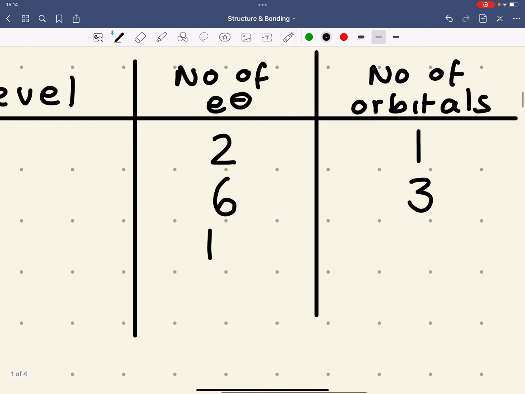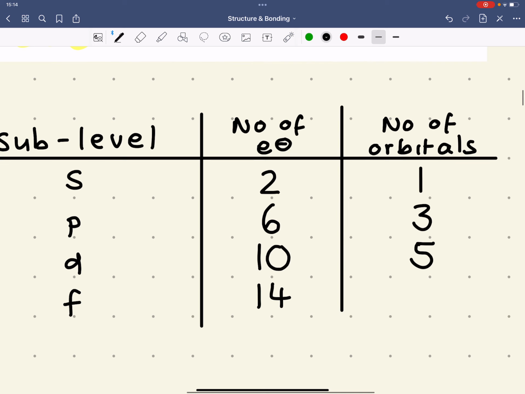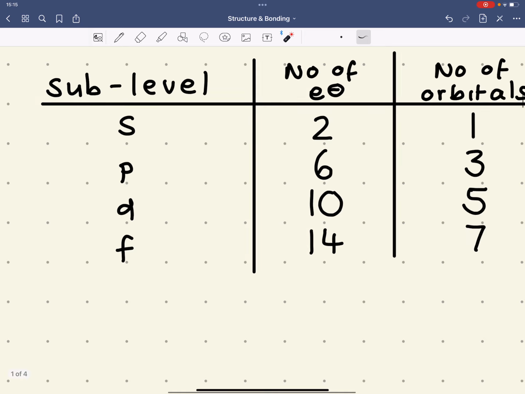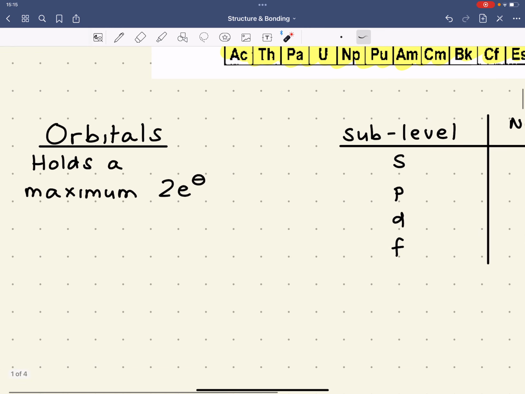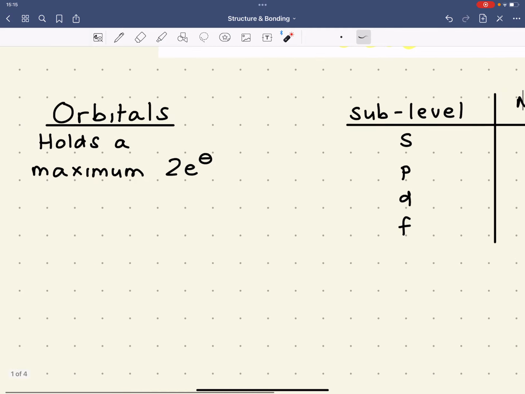Hopefully you can see how many orbitals a D sublevel would have. It would have 5, and an F sublevel would have 7. So it's 1 times 2 is 2, 3 times 2 is 6, 5 times 2 is 10, 7 times 2 is 14. So these orbitals are regions of space around the nucleus where the electrons may be found.